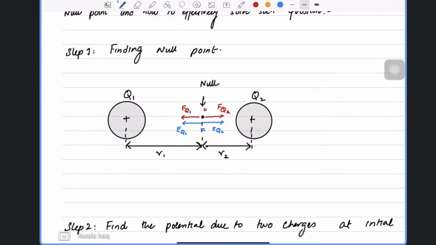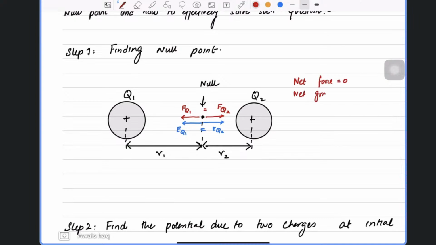All right, keeping that in mind, let's look at some features of a null point. You should understand this very important fact: at this point, the net force is equal to 0.